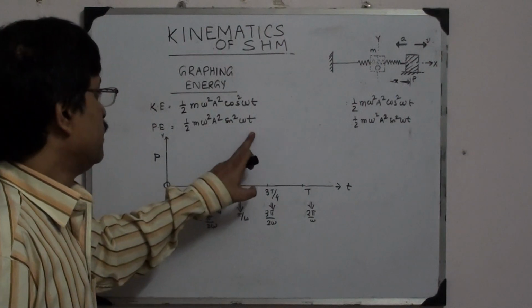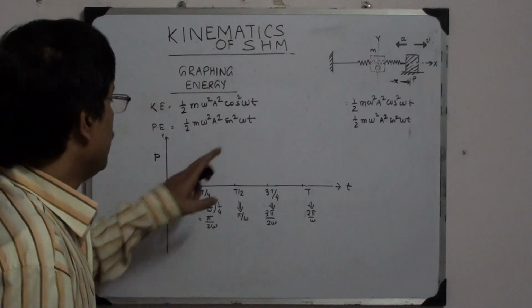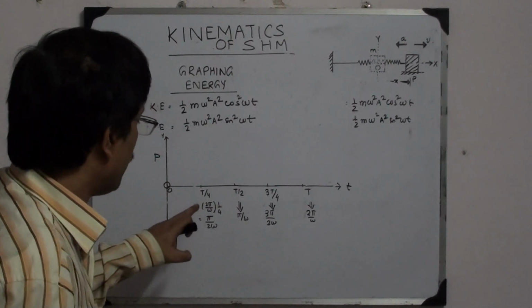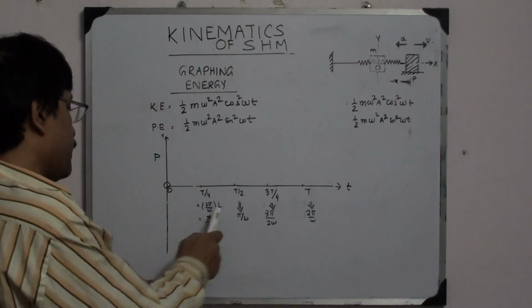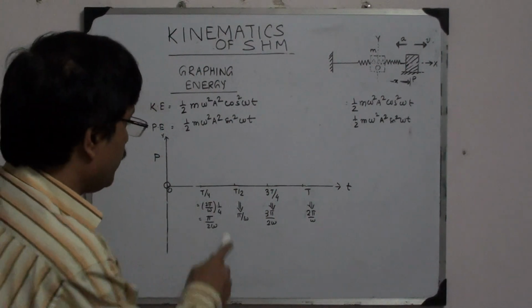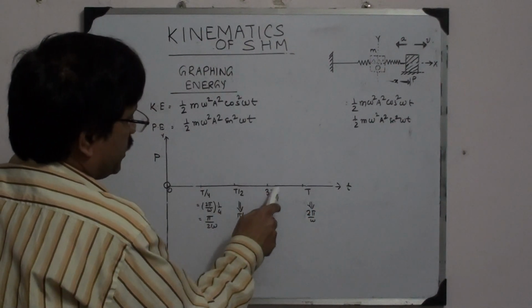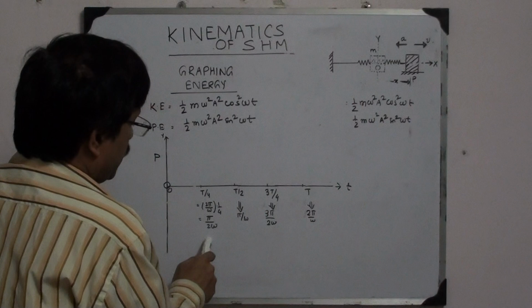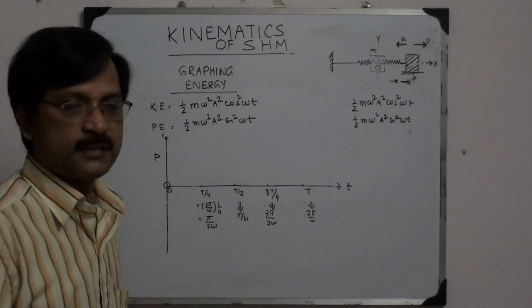Does it tell it in this formula? Look at T by 4. What is T by 4? The total time period is 2 pi by omega, so 1/4 of that is pi by 2 omega. We could have divided the time axis as T by 4, T by 2, 3T by 4, T, or pi by 2 omega, then pi by omega, then 3 pi by 2 omega, and 2 pi by omega. They are all the same thing.